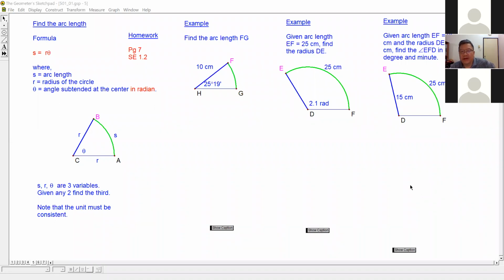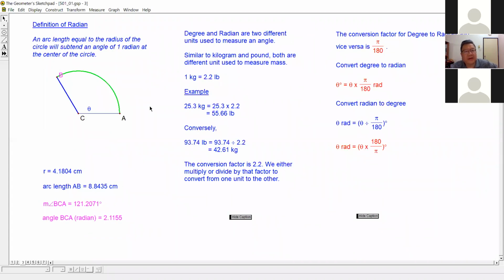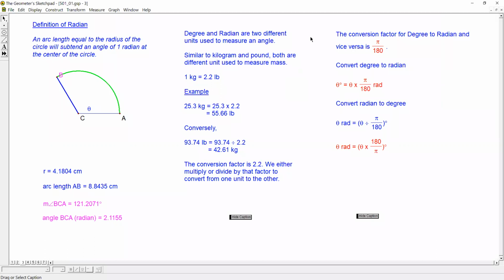Okay, never mind. I just refresh your memory. Last week we learned about radian. Radian is just another unit for measuring angle, just like kilogram and pound are two different units measuring the same physical quantity. Radian and degree are two different units used for measuring angle.